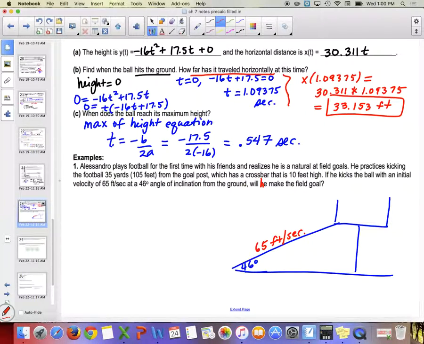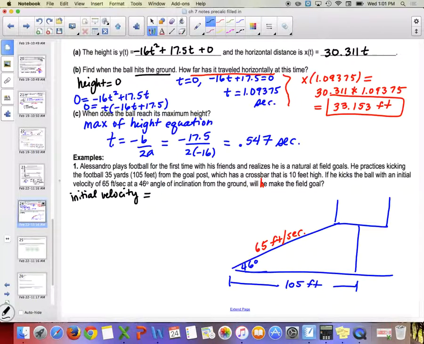We want to know after our horizontal distance of 35 yards away, so 105 feet, how high it is after 105 feet. So we come up with all of these components. Our initial velocity has two components, so we need to break it into its x component and its y component.